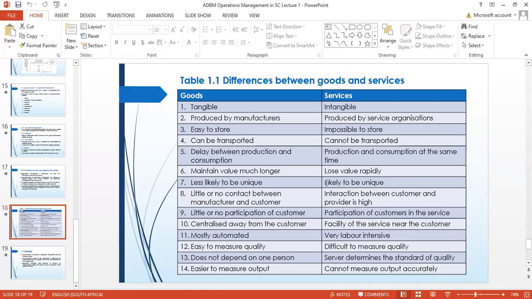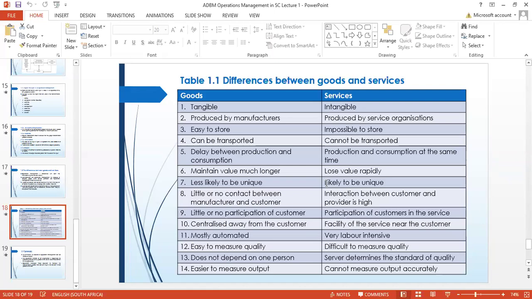Number 4, can be transported. You can transport goods. We have seen a lot of trucks along the freeways, transporting goods from one location to the other, but the service cannot be transported. Number 5, delay between production and consumption. We don't know where the goods are produced. They are produced somewhere, right?